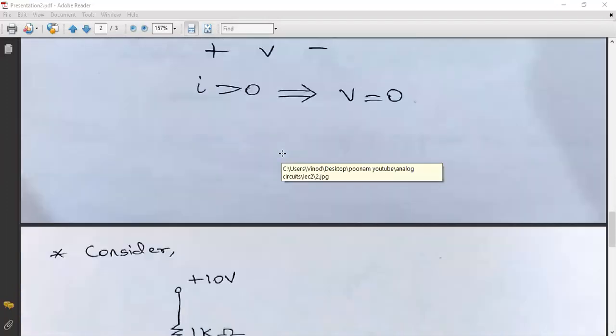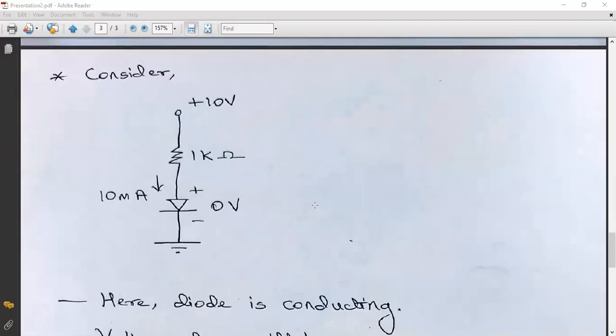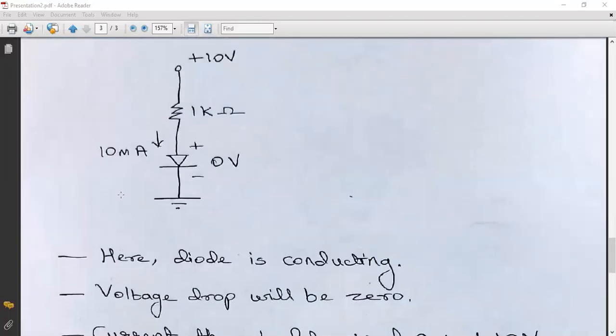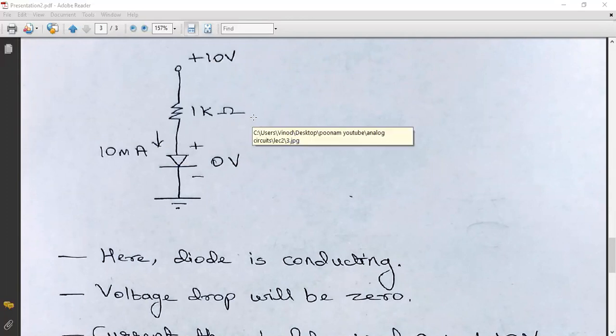Now let us understand this in more detail by considering an example. In this figure, we can see that the voltage applied is 10 volt and one resistor is fixed here, which is of 1 kilo ohm rating.